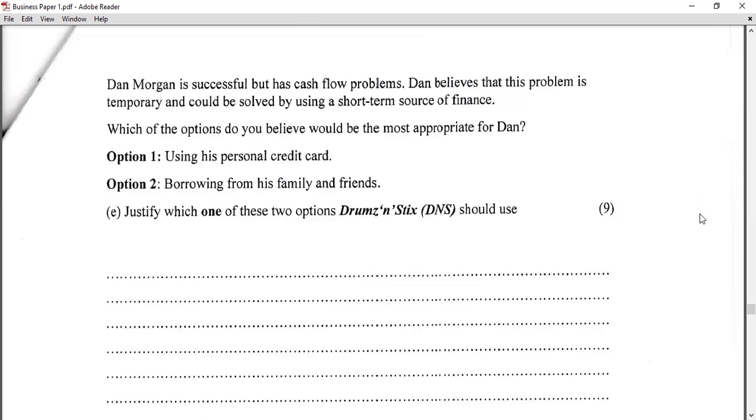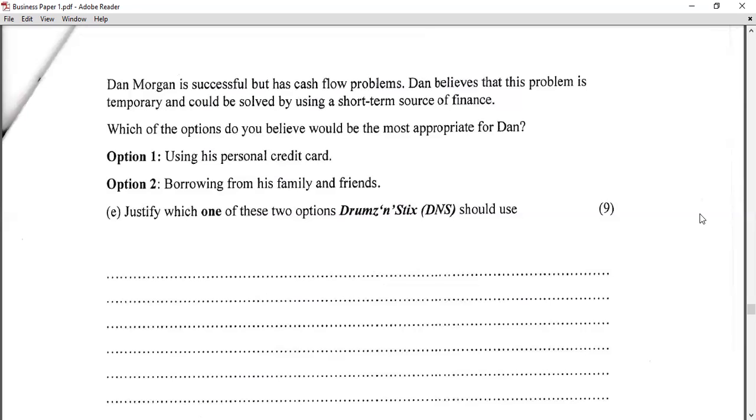Or if you want to pay some rent or something, you can quickly take the money from the credit card and pay that. So give an application example from the case study for this. And however, you can say the credit card is an expensive method of raising money, because if you are unable to pay in the given time frame, that will be a problem for you.